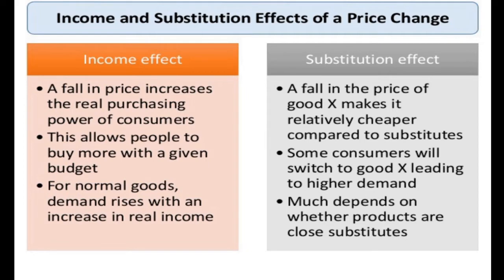Why? There is no change in the consumer's nominal income, but still the consumer is able to purchase 20 kg of apple instead of 10 kg of apple. Now the consumer is purchasing 10 kg more apple, and that 10 kg more apple is purchased because of the increase in real income.